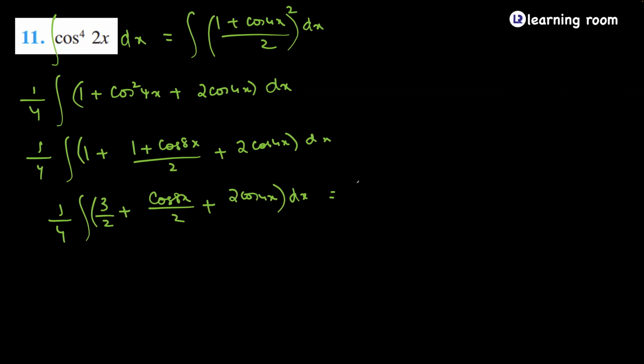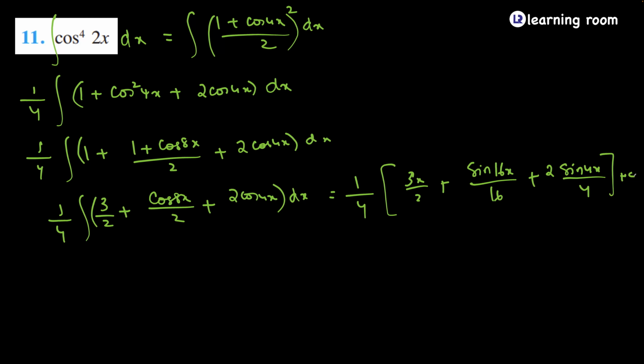This is going to be equal to 1 by 4 into, observe, 3 by 2 times dx is 3x by 2 plus cos 8x by 2, integral of cos 8x by 2 is going to be sin 16x divided by 8, 8 into 2 is going to be 16, plus 2 times integral of cos 4x will be sin 4x divided by 4 plus c.